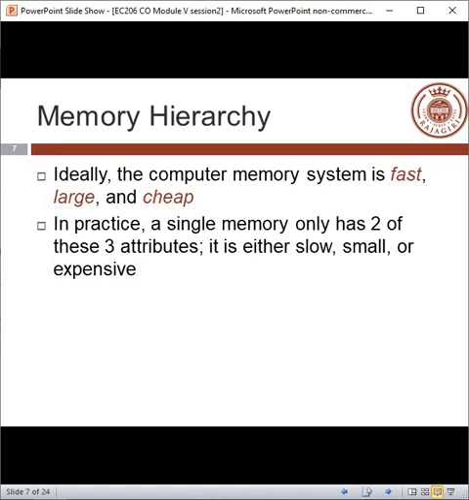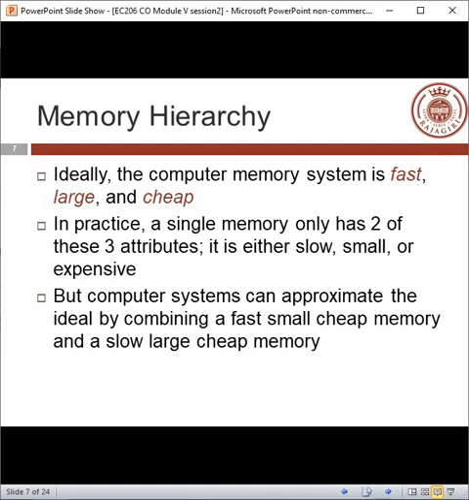If we consider the case of hard disk, it will be slow. If we consider the example of cache, it will be expensive. But computer systems can approximate the ideal by combining a fast, small, expensive memory and a slow, large, cheap one.